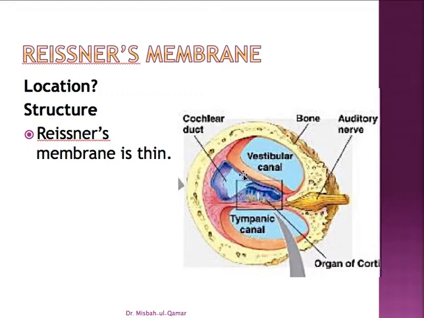Because of the thinness of the Reissner membrane, there is no hindrance in the transmission of the vibrations from the scala vestibuli to scala media. So whenever vibrations are produced in the scala vestibuli, they will be transmitted to the scala media, and ultimately that will result also in the movement of the basilar membrane.